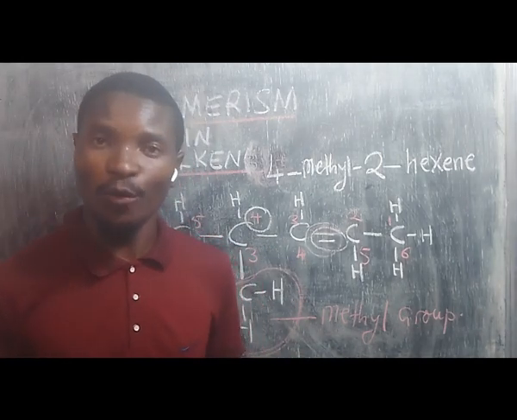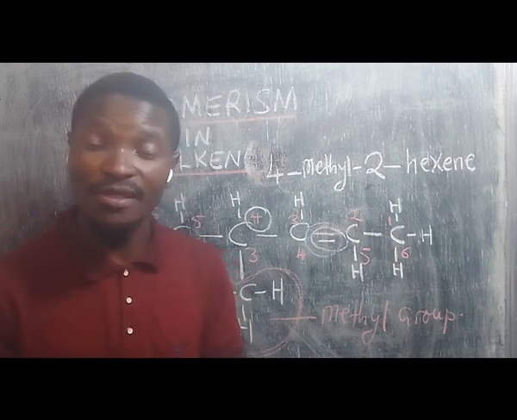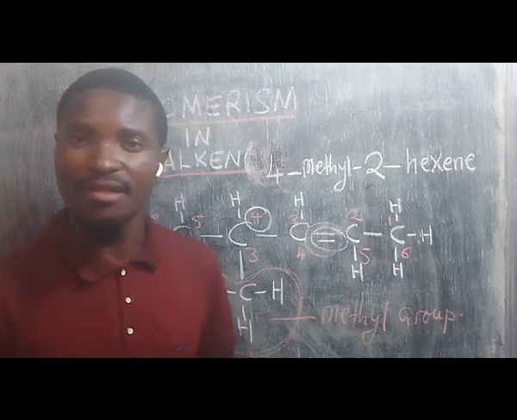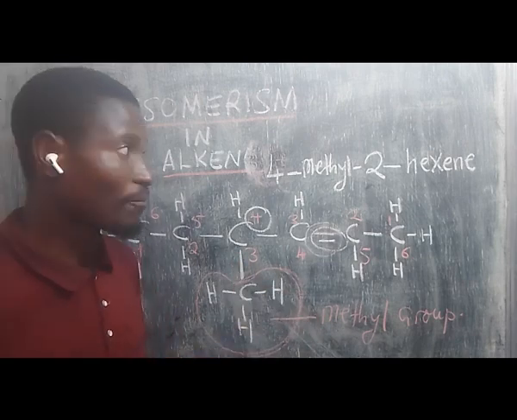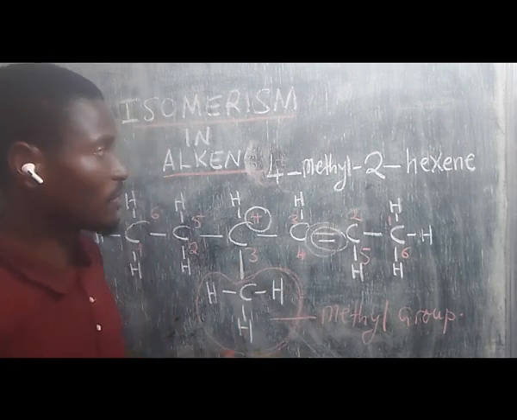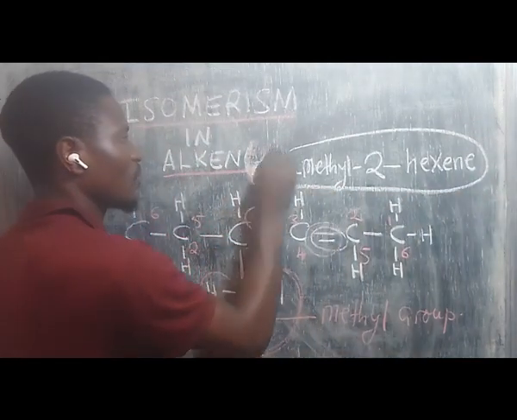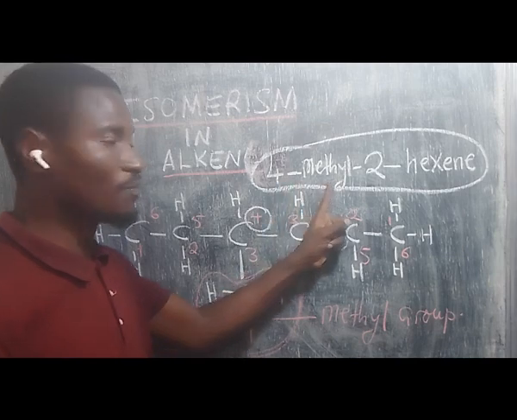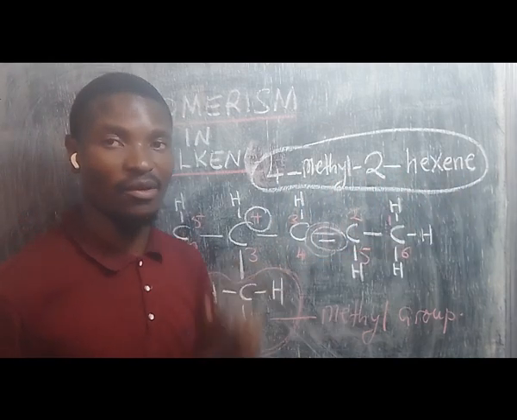If you're having challenges, I encourage you first of all to sit down and understand some of the procedures that you need to follow when you're coming up with this kind of name. So our name is now called 4-methyl-2-hexene.